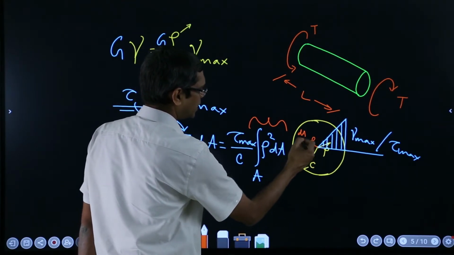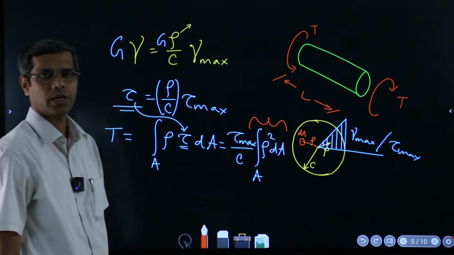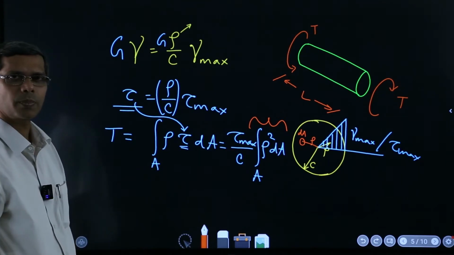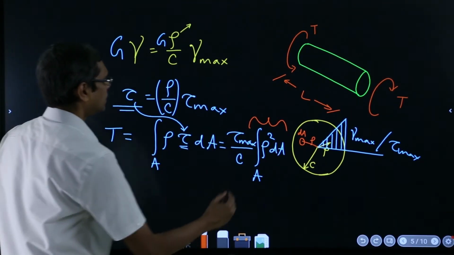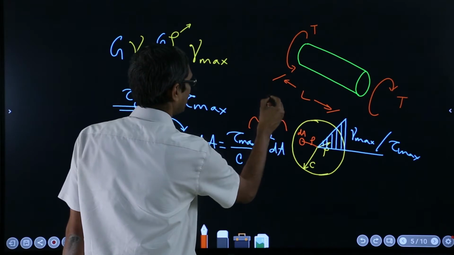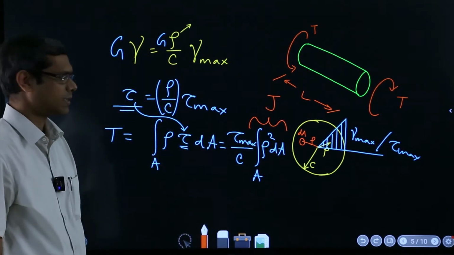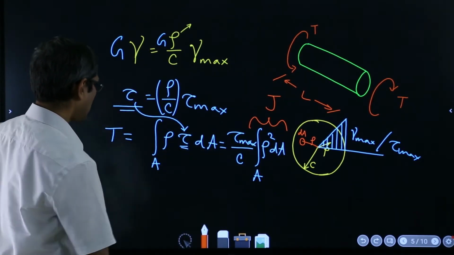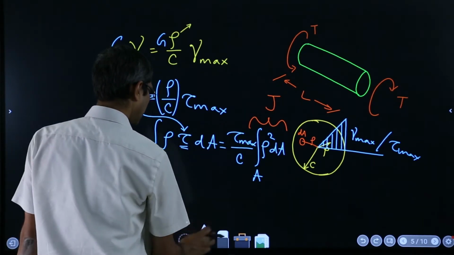This is generally represented as J, the polar moment of inertia.